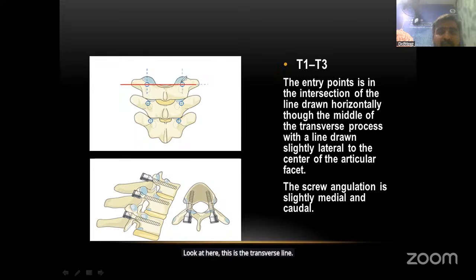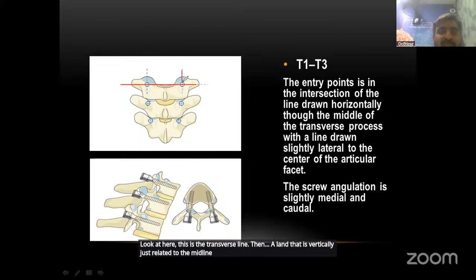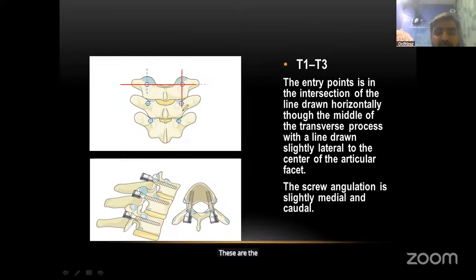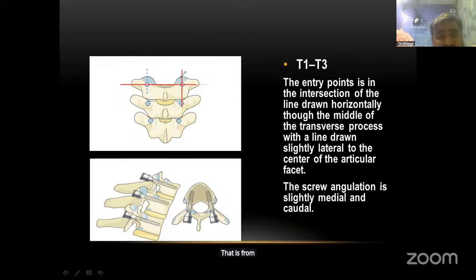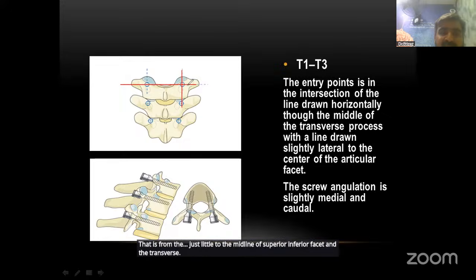Then a line vertically, just lateral to the midline of the superior and inferior articular facet. Look here, these are the lines that have been drawn. In T1, T2, T3, the entry point is the intersection between the line just lateral to the midline of the superior and inferior articular facet and the transverse TP line.